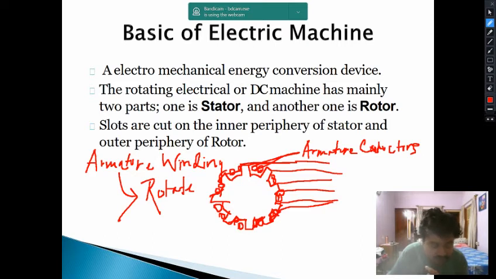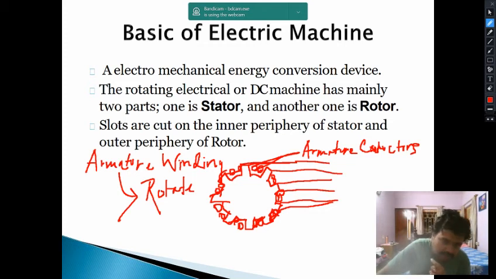In case of a generator, what you have to do, you have to rotate the rotor. So the mechanical energy will be given as an input, and the field will be there by giving the field supply as shown previously. So what will be the output in case of a generator? That is the electric current through the armature conductors. So I will tell you how will you analyze that, or how will you remember that.